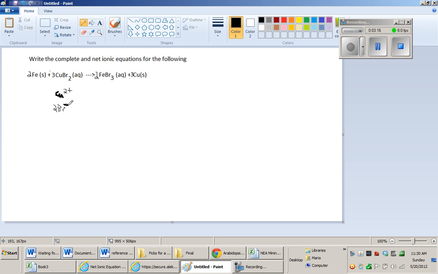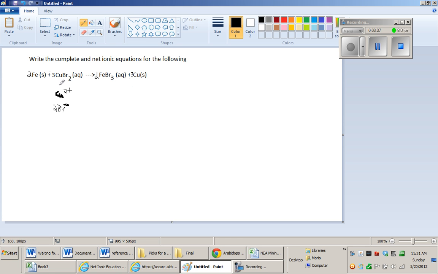So that makes the minus charge for bromine. And based on that, since there are 2 bromides listed in this ionic compound, with copper being a metal and bromide being a nonmetal, the copper is going to have a plus charge. It's going to lose electrons.